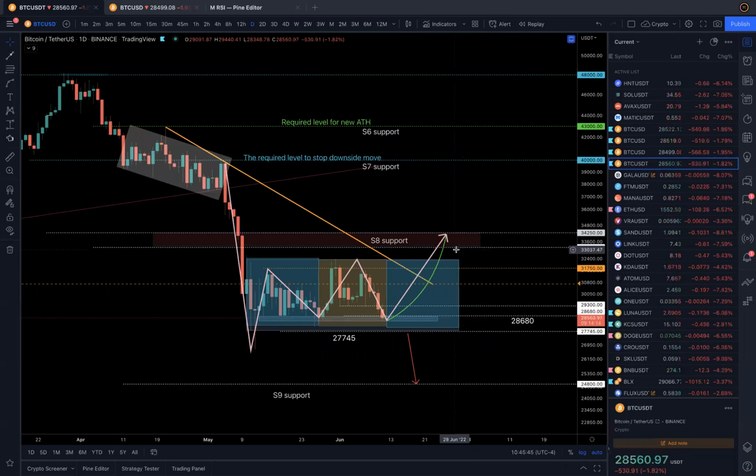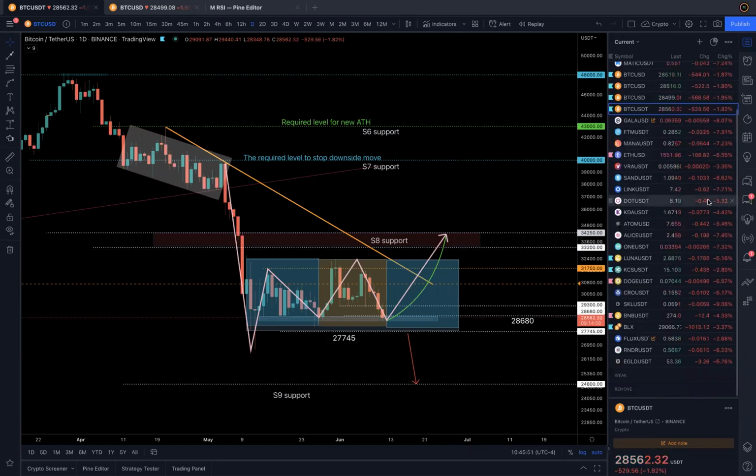Now, I think we don't need to go through alts, in my opinion, because they are red and they are like puppets at this moment. The strength of different coins would be different, but it doesn't matter now. This week, I think I'll skip alts because if BTC goes up, they'll go up.